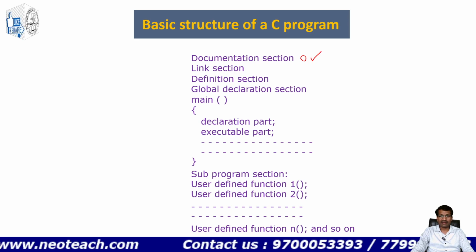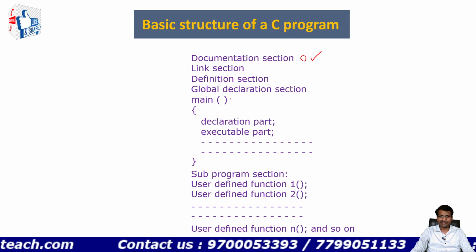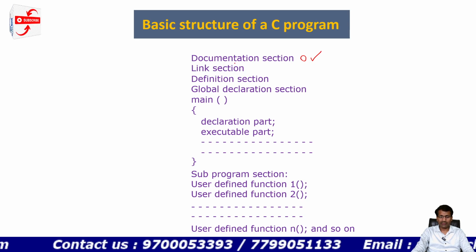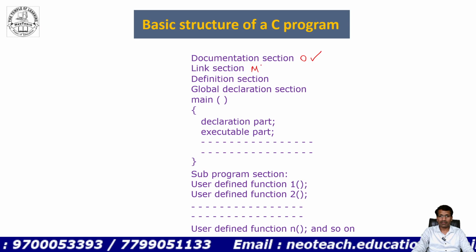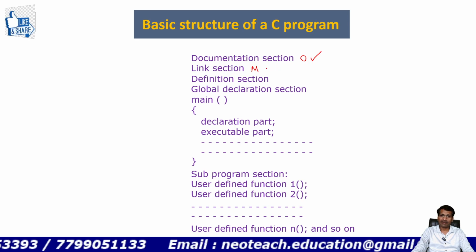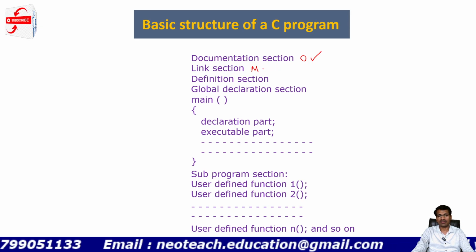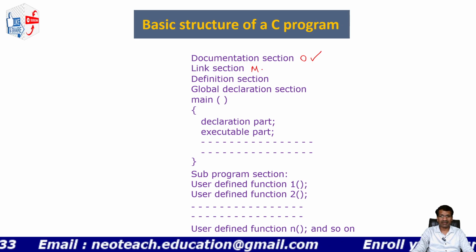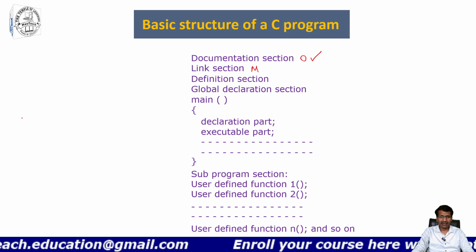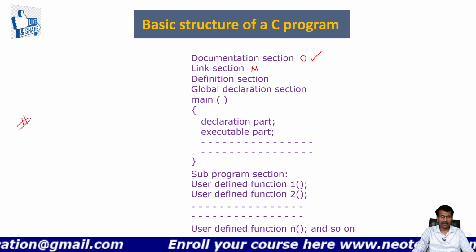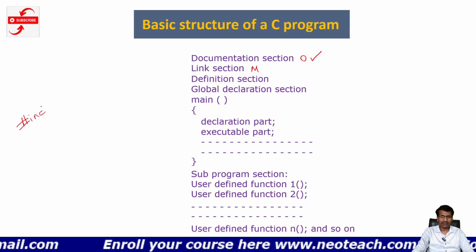The next part is called the link section. This is mandatory. What is this link section? The link section is used to provide the link between the system library and our program. We can use the library functions in our program by providing the link section. Basically, we write a link section like this: hash include. What is hash include?